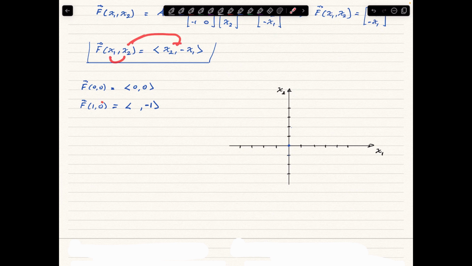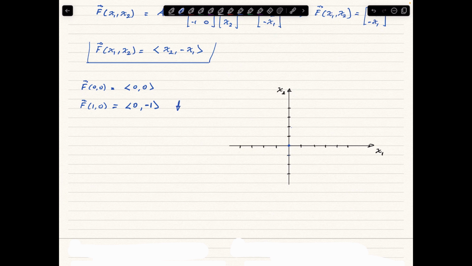So we flip the order and we reverse the sign on the second component. So this is a vector at this point, and notice that this vector has 0 horizontal component and vertical component negative 1. So this is a vector like this.